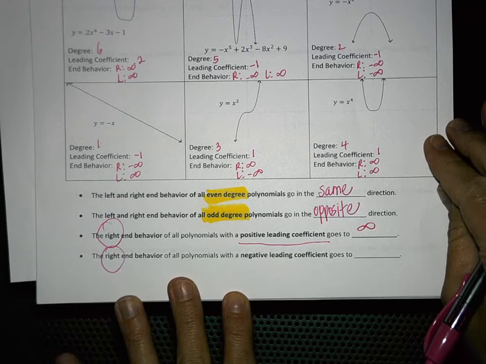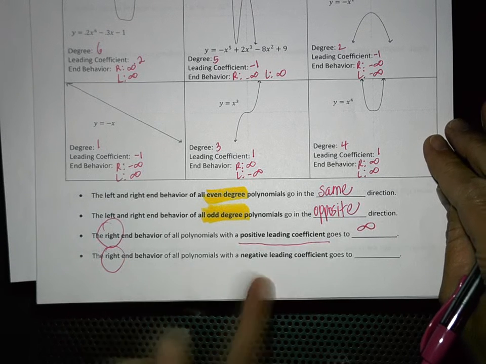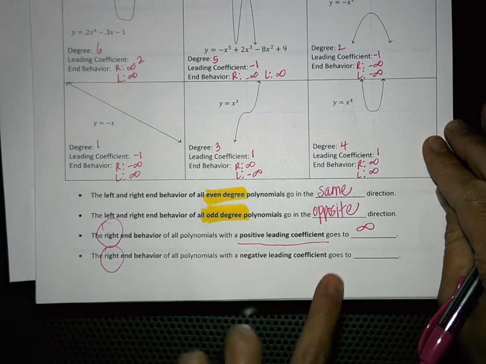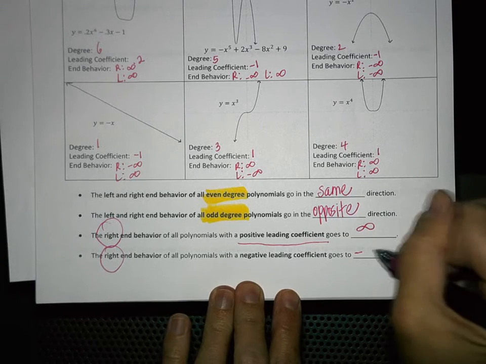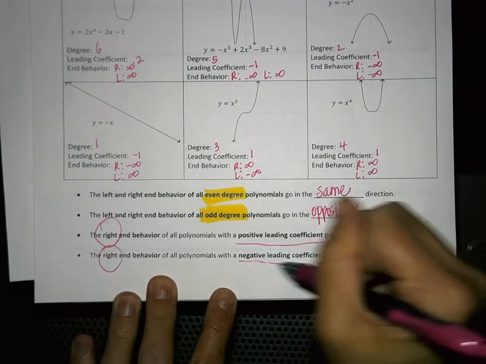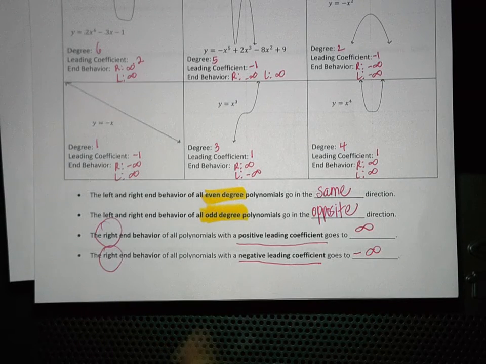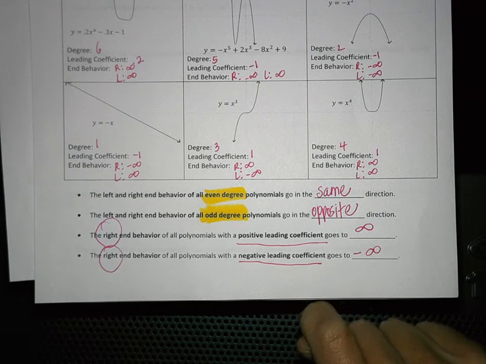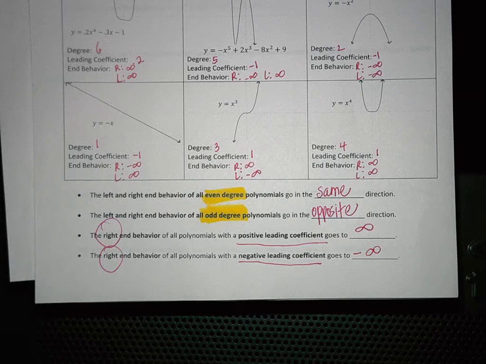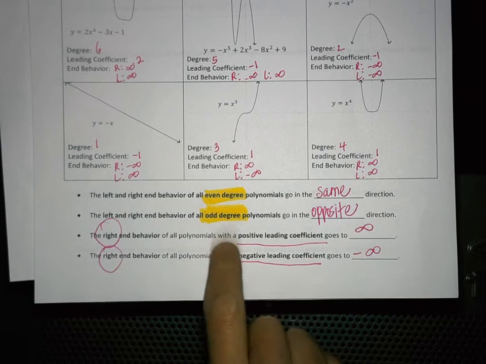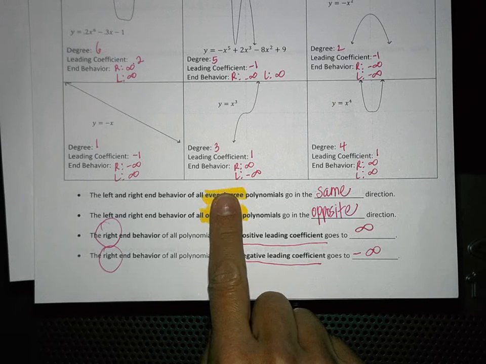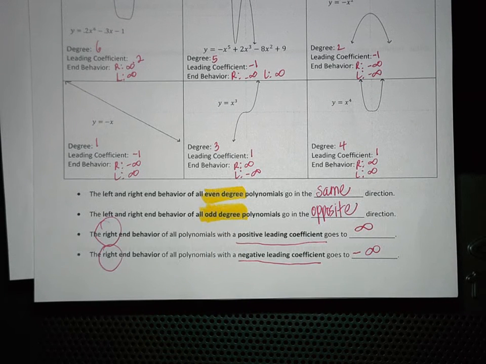If the leading coefficient is negative, the right end behavior goes to what? Negative infinity. So we always have to look at our leading coefficient first to decide whether on the right side it's going to positive or negative infinity. And then once you have that information, depending on the degree, the left side is either going to go in the same direction or the opposite direction. Does that kind of make sense?